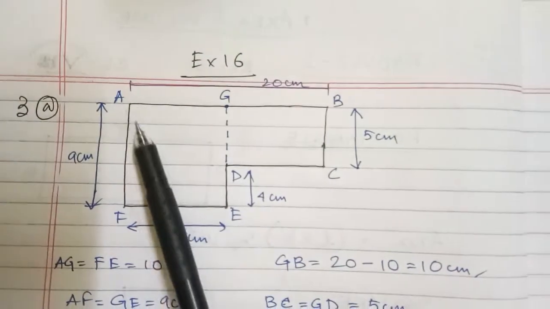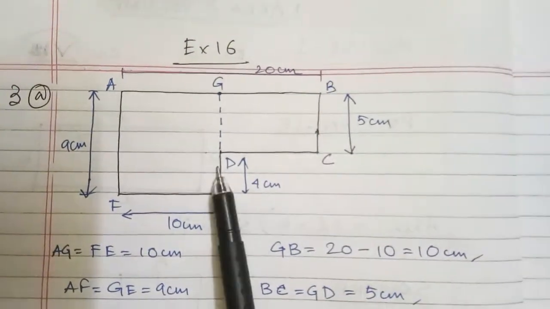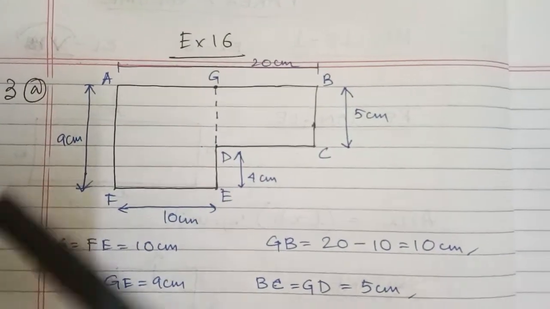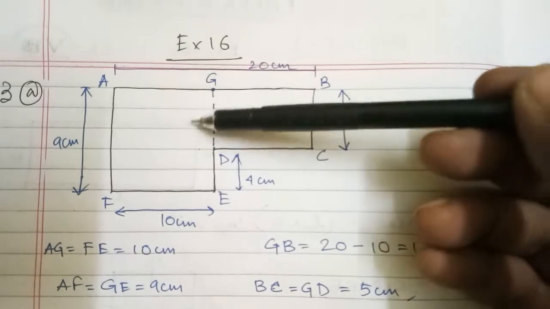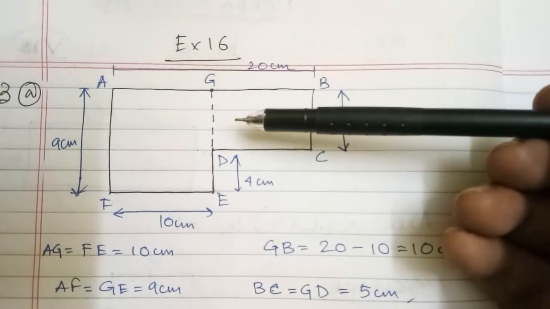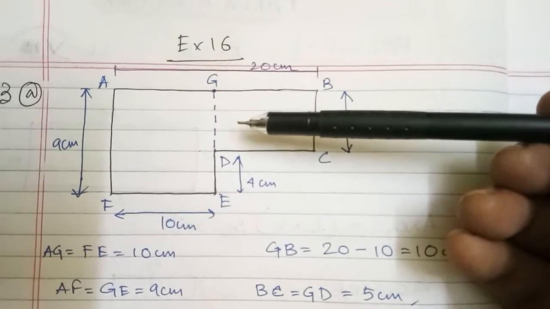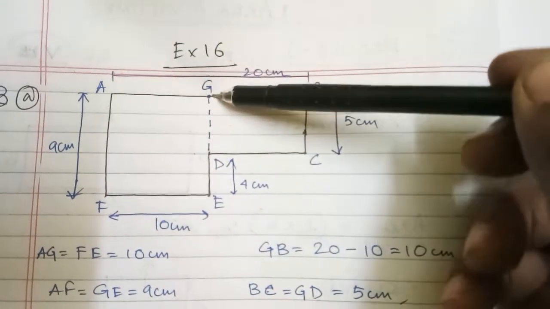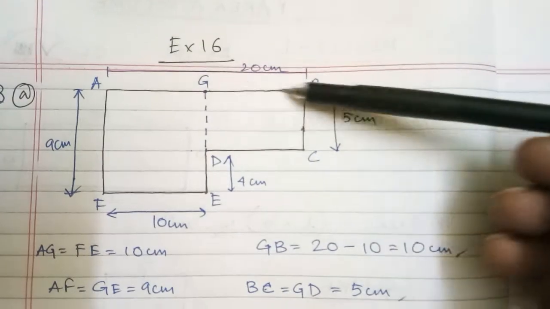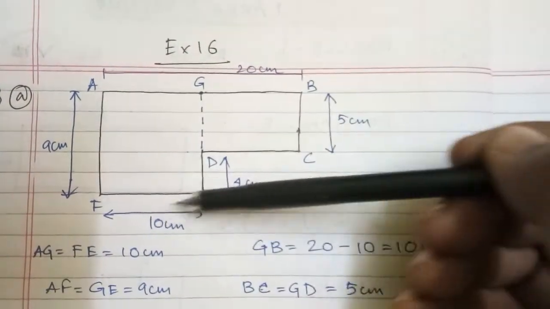After that I'm naming the figure A, B, C, D, E and F. Then I've cut this figure, divided into two parts, because it will be easy to find the area. After cutting, I've extended this and made point G. Now this is forming one rectangle and this is also forming one rectangle.